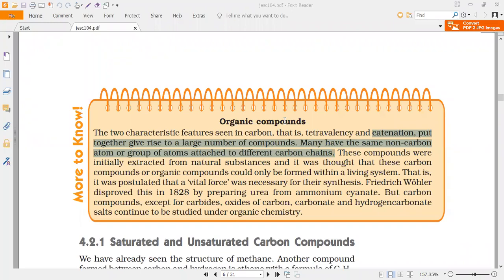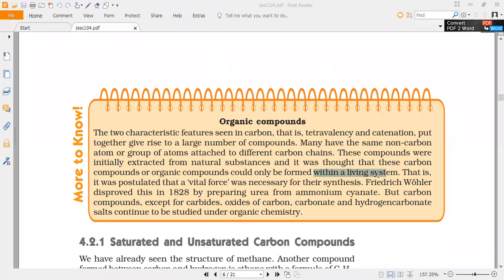These compounds were initially extracted from natural substances, and it was thought that these carbon compounds, the organic compounds, could only be formed within living organisms. That theory is called vital force theory.